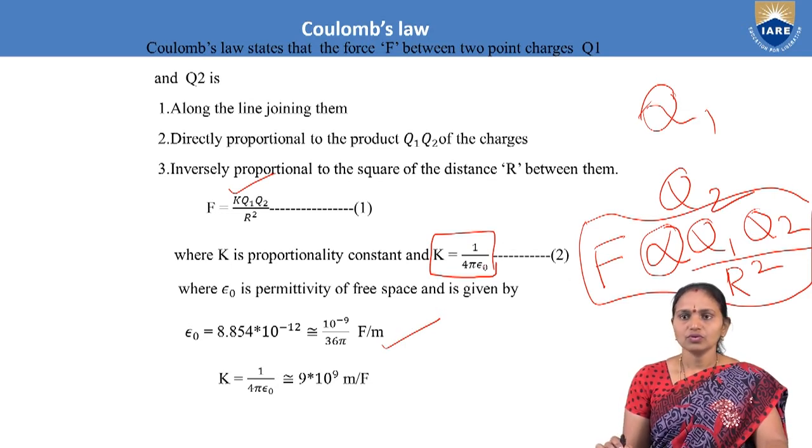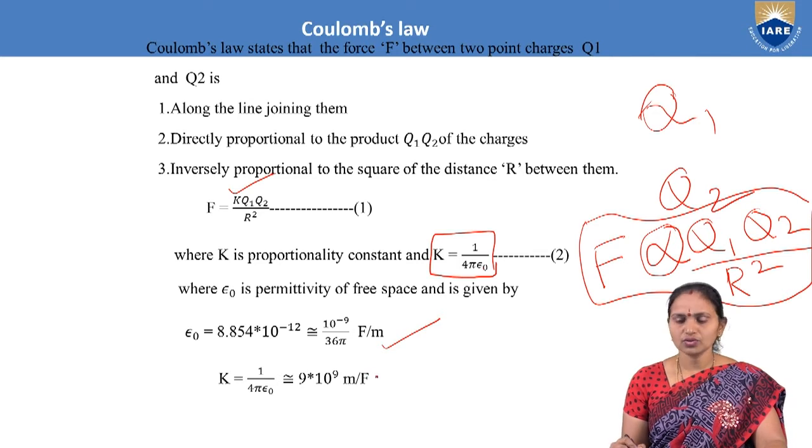As we know the value of epsilon naught, K is 1 by 4 pi, and by substituting the epsilon naught value, the K value is 9 into 10 to the power of 9 meters per farad.